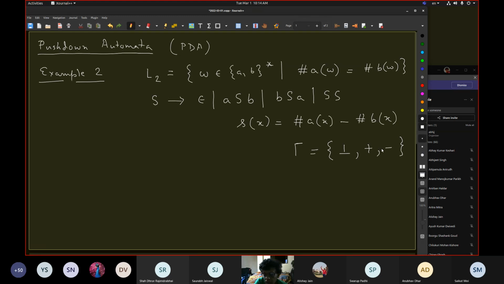If there are no pluses or no minuses, that means at this point the surplus is 0. If on the top of this I have k pluses, that means the current surplus value is k. And if I have k minuses on the top of this bottom marker, that means the current surplus is minus k.